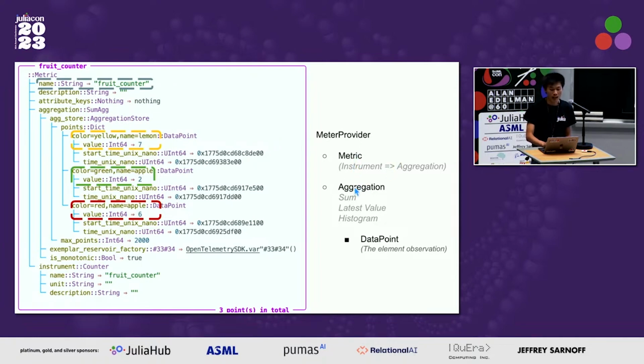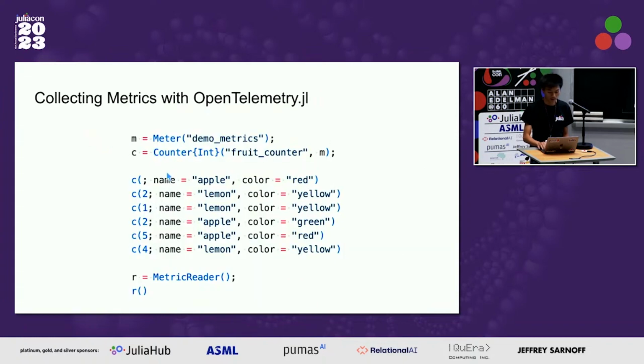By default, we have implemented three kinds of aggregations: sum, the latest value, or the histogram aggregation. And each aggregation also has many different data points. And as you can see, the data points are distinguished by their key value pairs, the attributes we specified before.